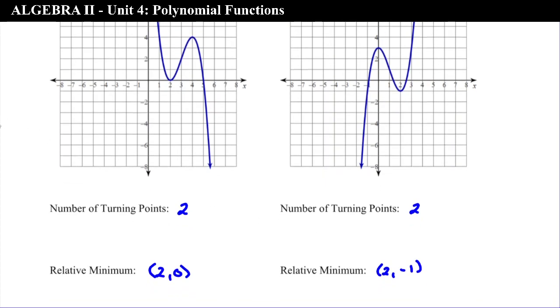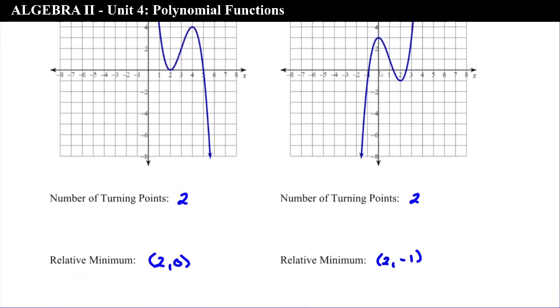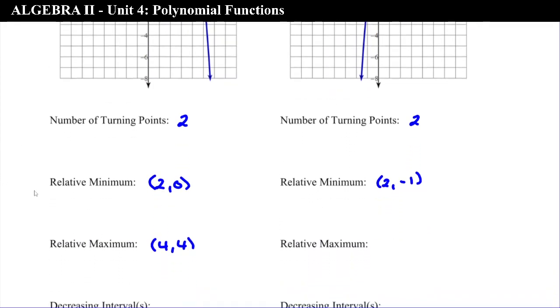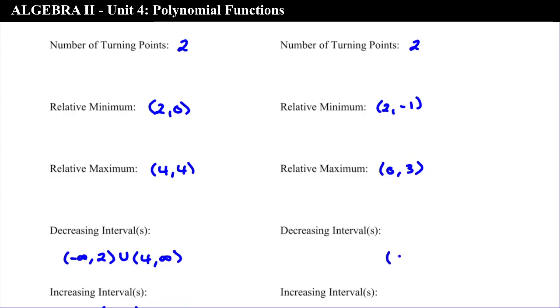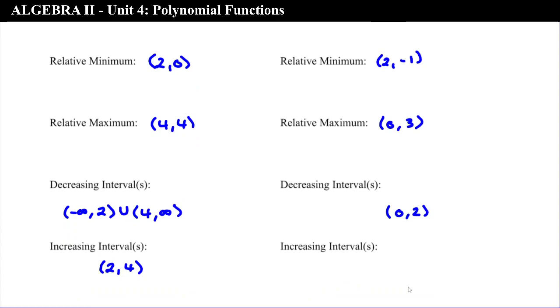Our relative maximum is going to be at (0, 3). All right, so our decreasing interval is from 0 to 2, and our increasing interval is where we're not decreasing. So negative infinity to 0, union with 2 to infinity.